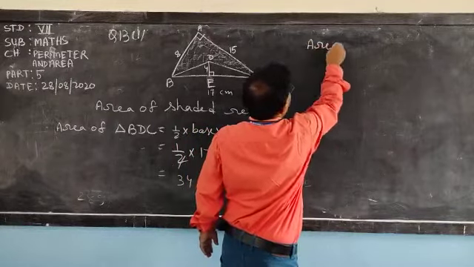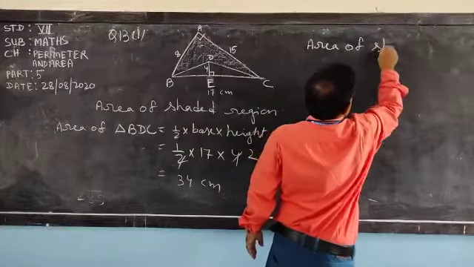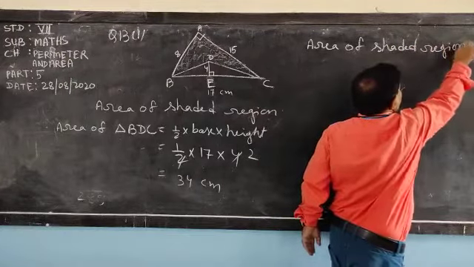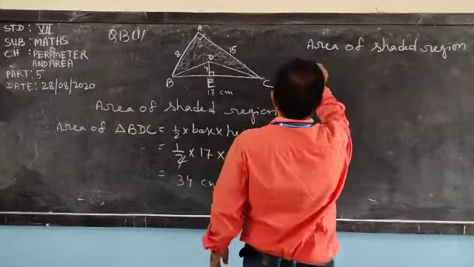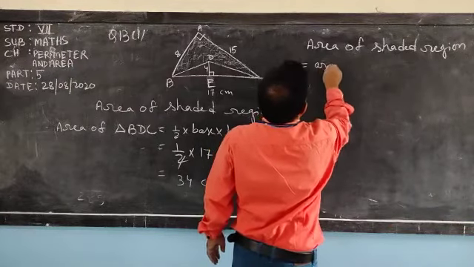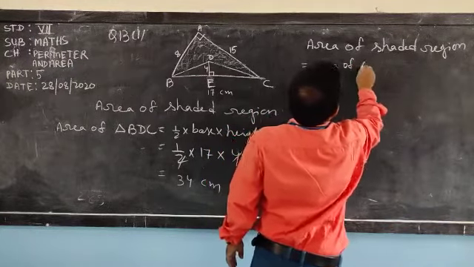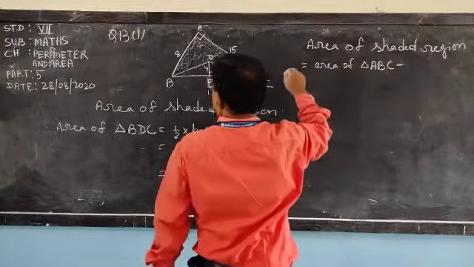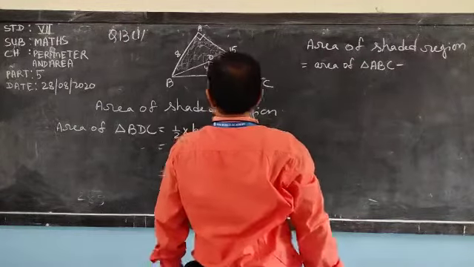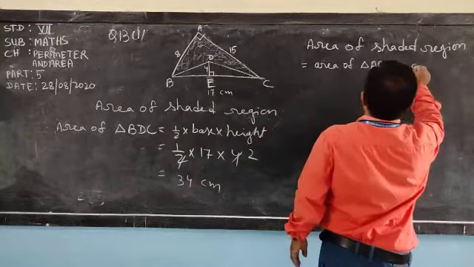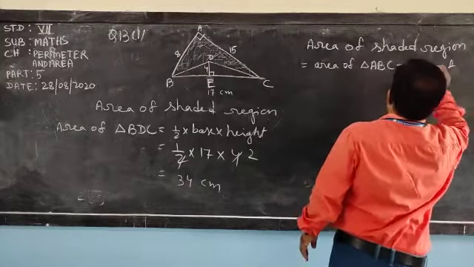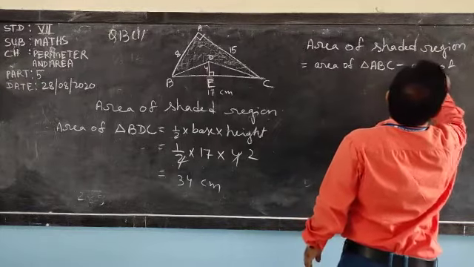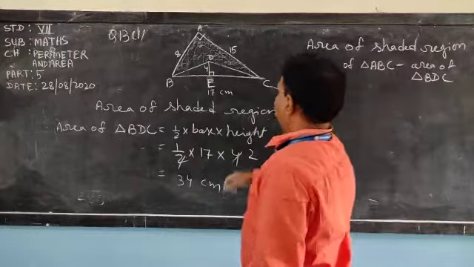Area of shaded region is equal to area of triangle ABC minus area of triangle BDC. This we have to find.